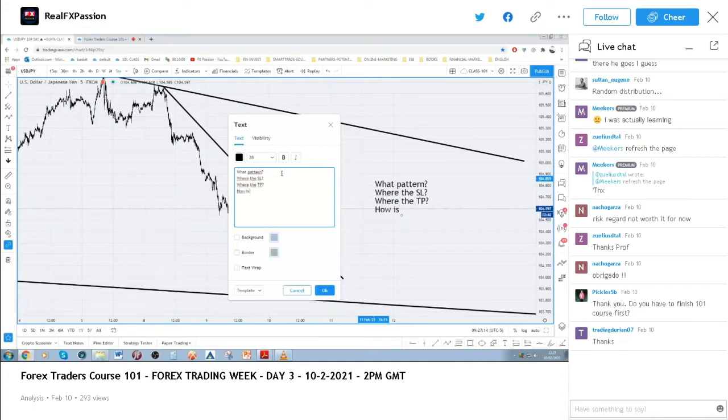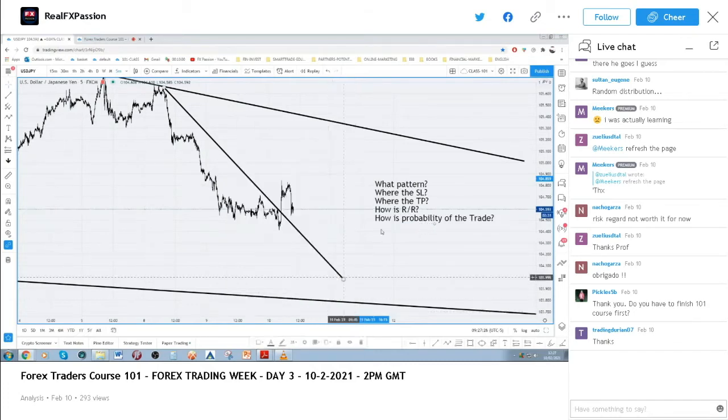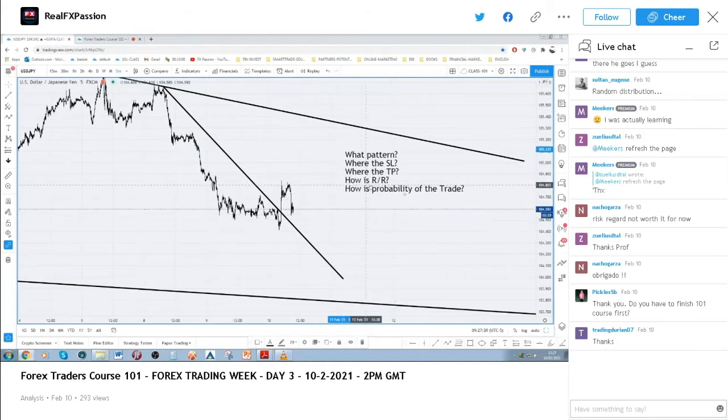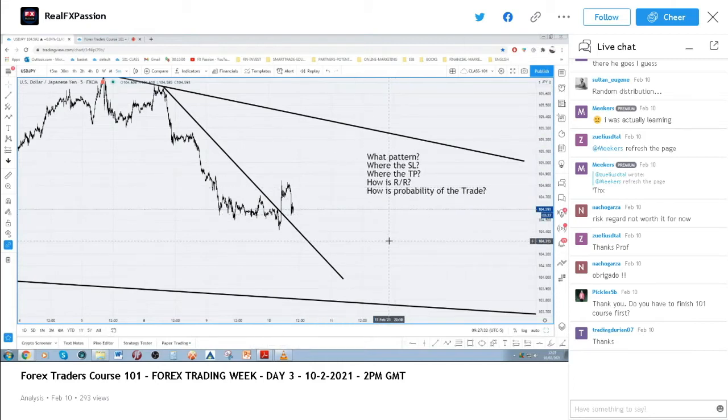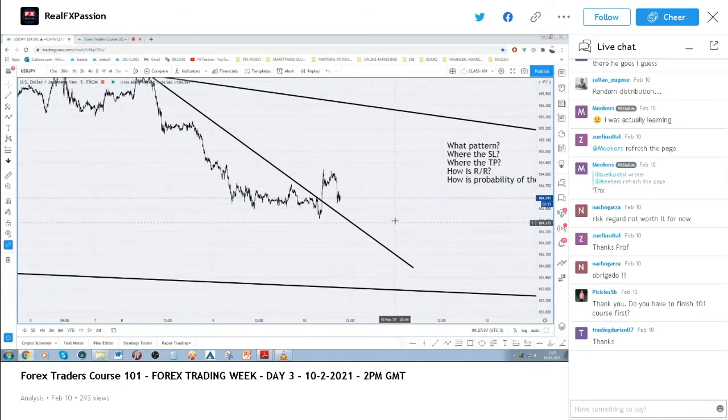How is risk reward? How is probability of the trade? Okay. So everybody, beginner traders, let's try to implement trade what you see. Okay, Mikers short. Okay, what pattern are you shorting?